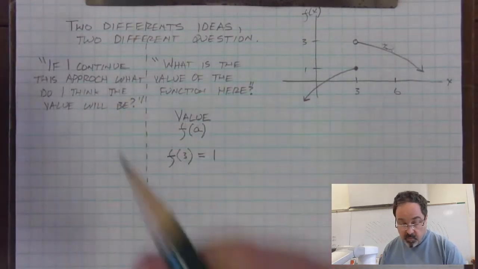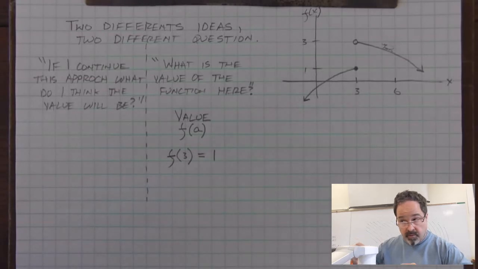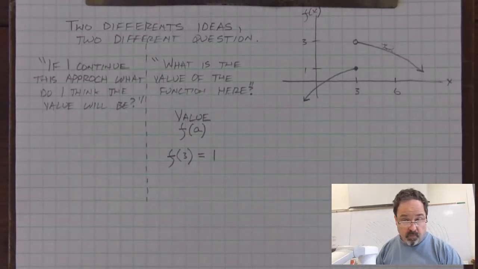This way of phrasing this question is predictive. It's about continuing something right now and thinking about what's going to happen in the future or ahead on the path.